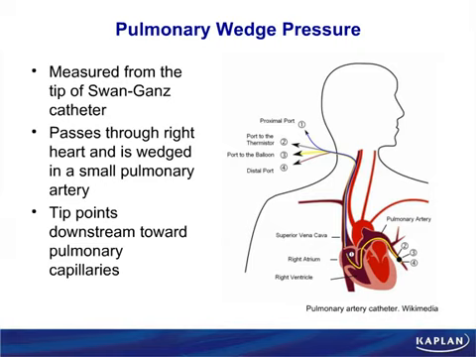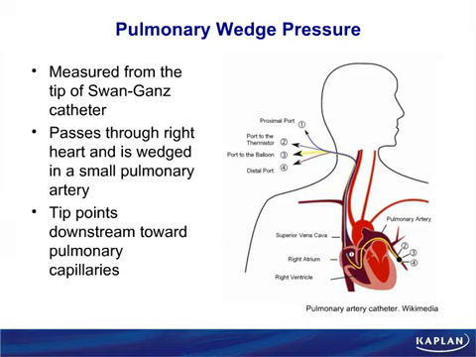Then what we do is we wedge it in a small pulmonary artery. That's the second bullet point. We wedge it into that small pulmonary artery. We blow the balloon up, and this stops the blood flow to that area. Therefore, as illustrated on point number 4, we are measuring the pressure downstream from the Swan-Ganz.